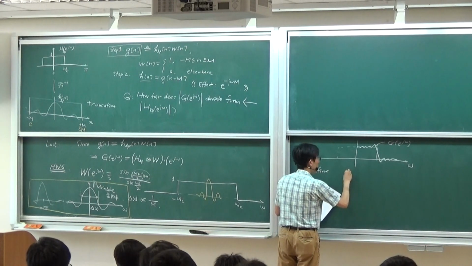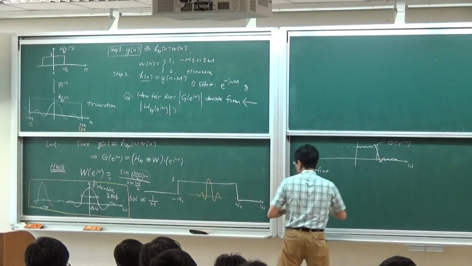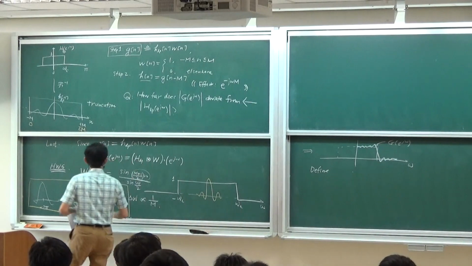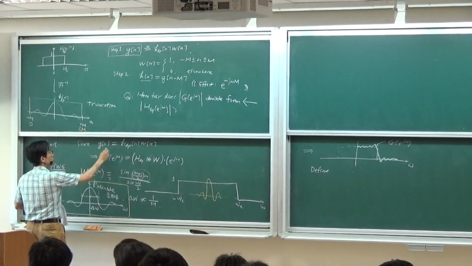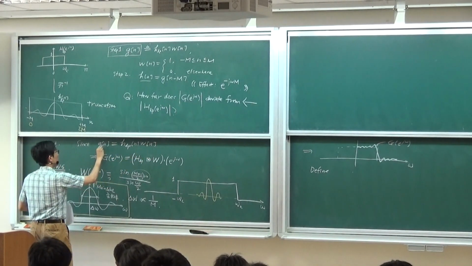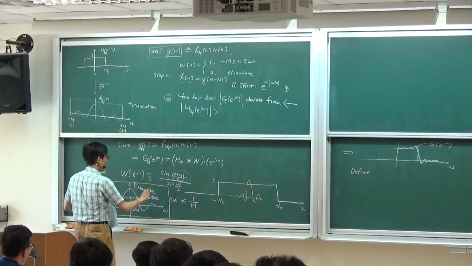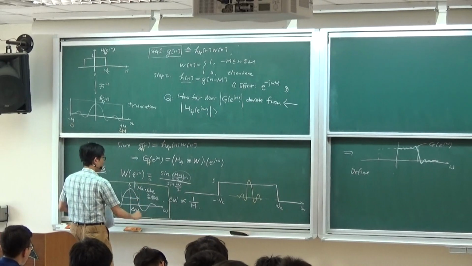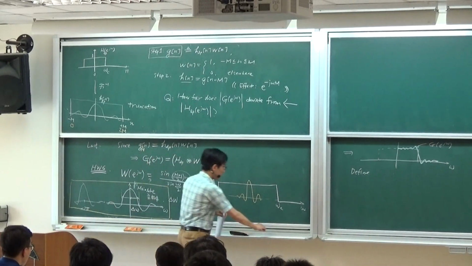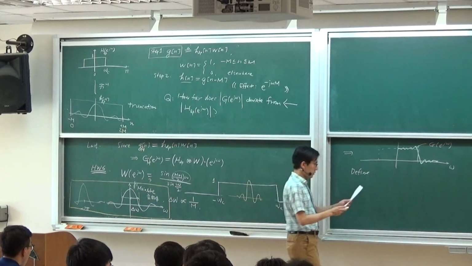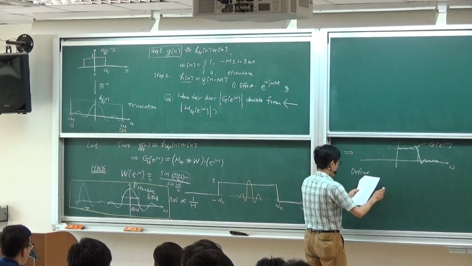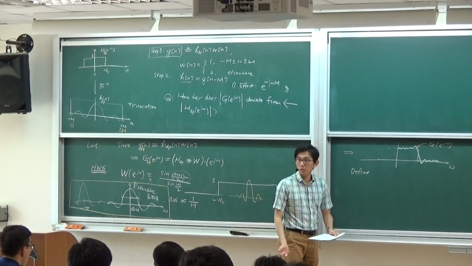Let's say the result of our design is denoted by G sub m. We add an m here because W has a length; m stands for the length. Now let's define an objective function which we want to minimize.